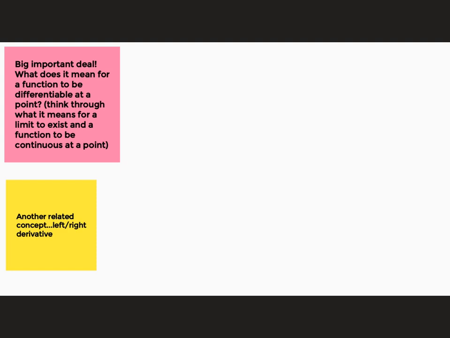So now we have to go through a kind of hierarchy of situations. What does it mean for a function to be differentiable at a point? Well, let's go back. What does it mean for a limit to exist?